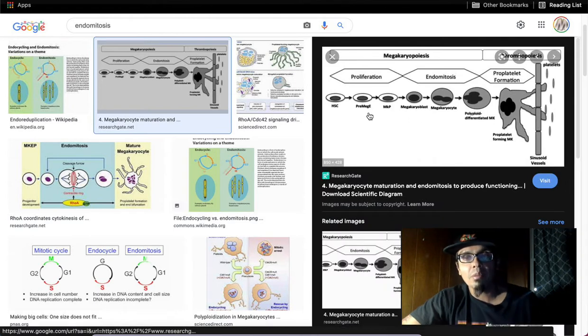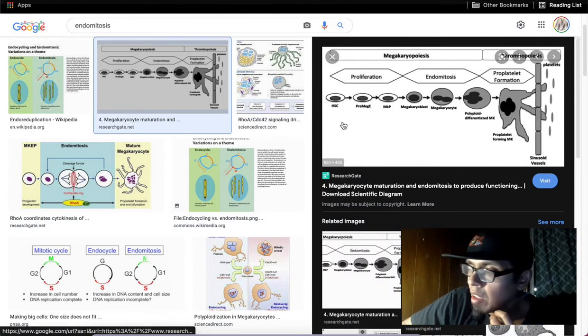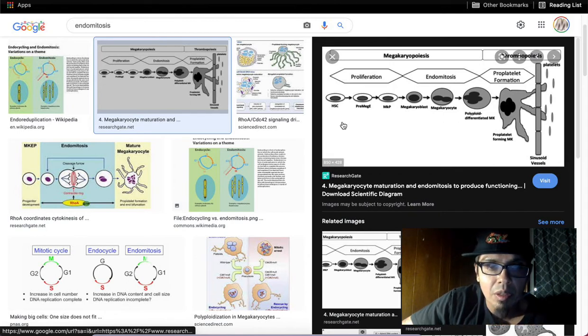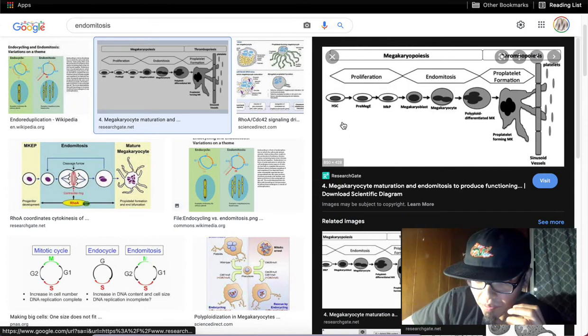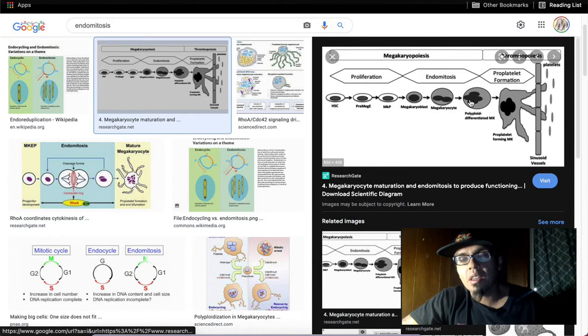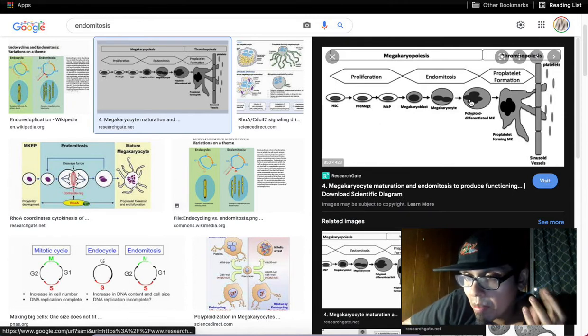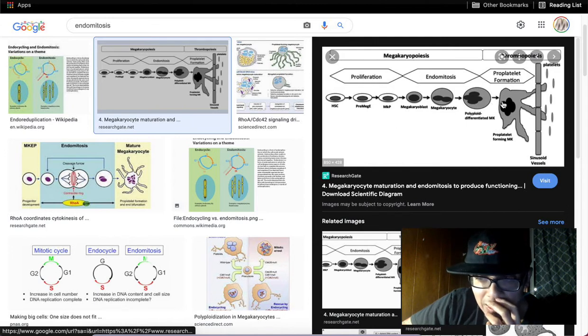Regular mitosis is when a cell splits into two, and part of that process is cytokinesis, and the cytoplasm kind of splits into two containers, which are two separate cells. In endomitosis, you don't have two separate cells form. You just have the nucleus become polyploid, or many ploid, many lobed, and increasingly larger in size, right?